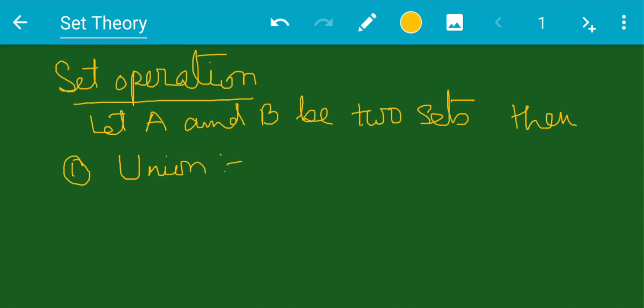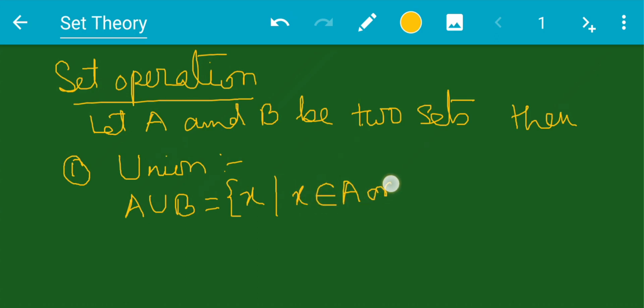What is this? It is denoted by A union B, and what it means? It means all the x such that x either belongs to A or x belongs to B.